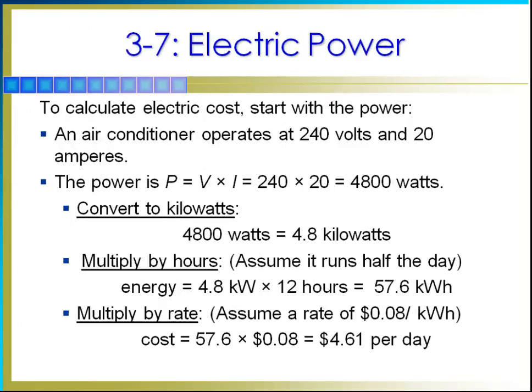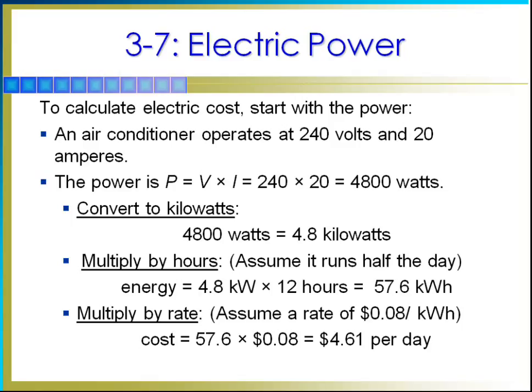Now, power usage, the way we pay for power usage. Our power usage is determined off of kilowatt hours, which means the power rating of the item expressed in kilowatts times the number of hours that it's used.